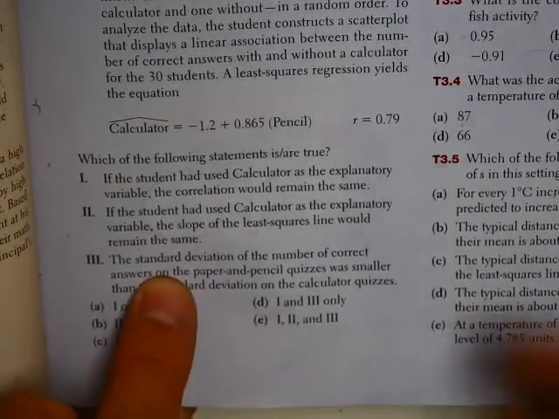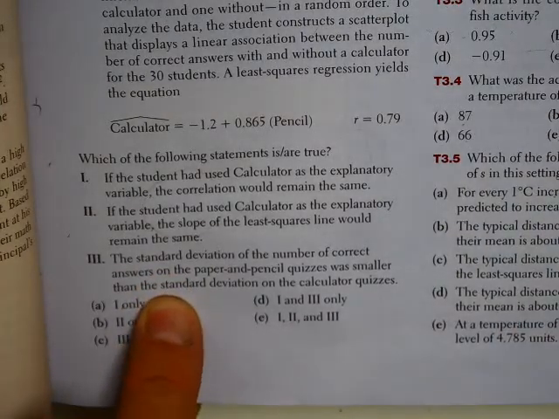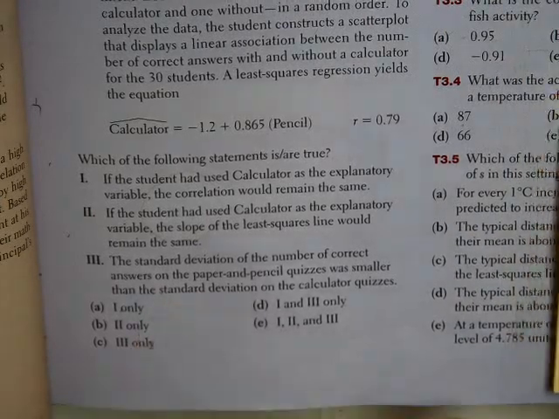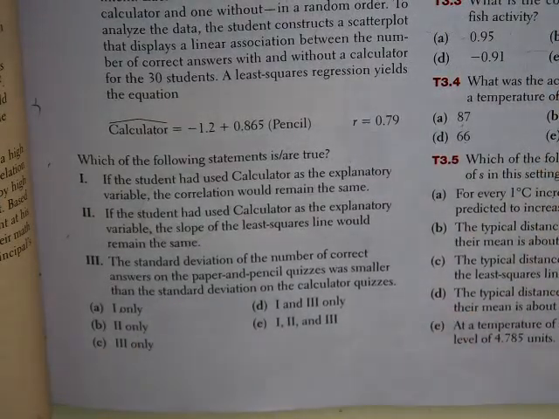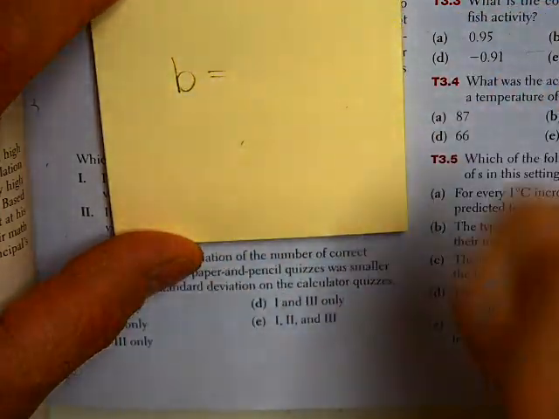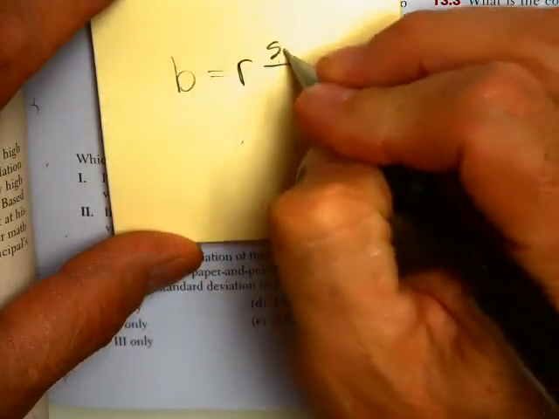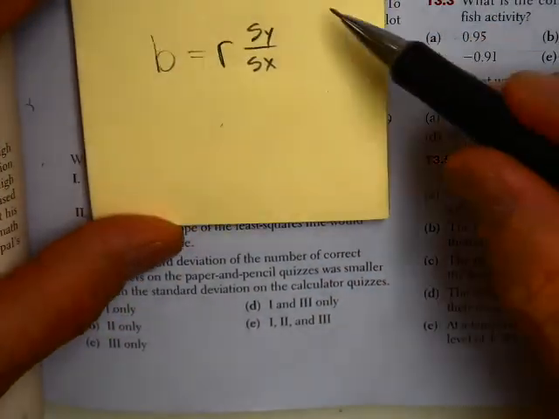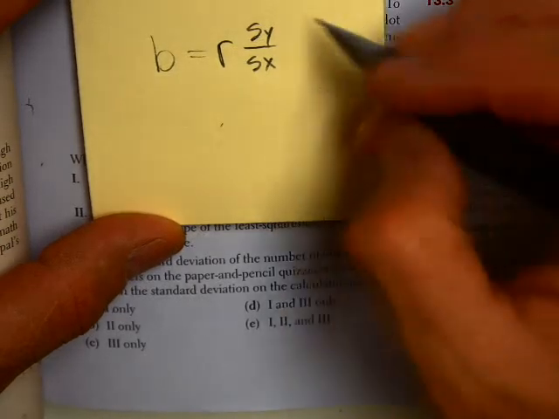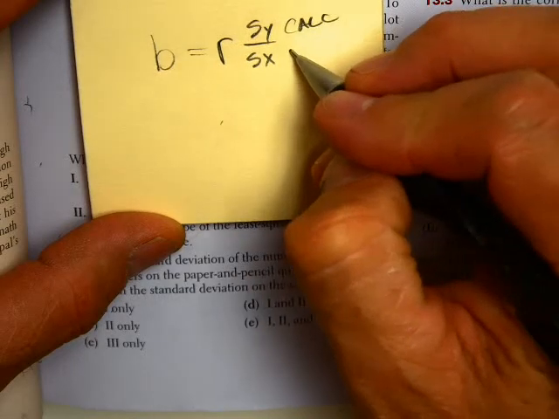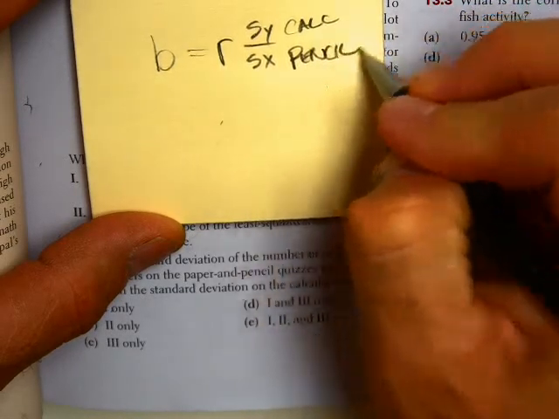All right, and the standard deviation of the number of correct answers on the paper and pencil quiz was smaller than the standard deviation on the calculator quizzes. This one is kind of the hard one here, because what we have to bring in is our formula, b equals r times s sub y over s sub x. So the standard deviation of the calculators over the standard deviation of the pencil, times r.